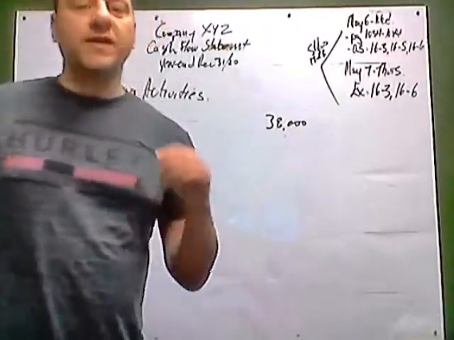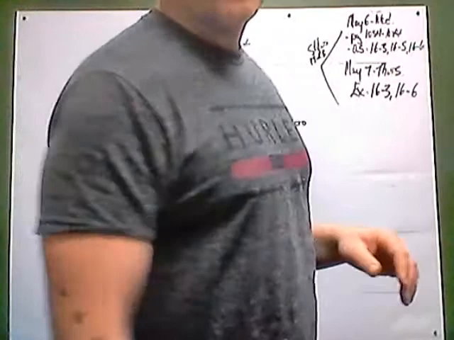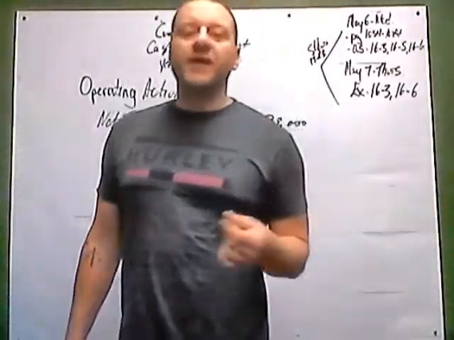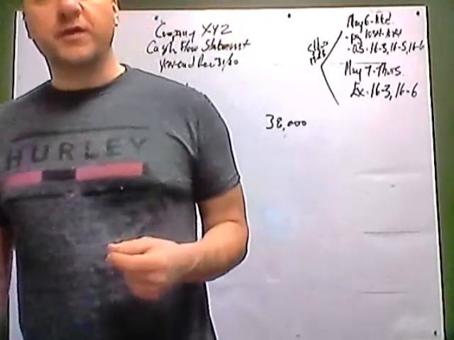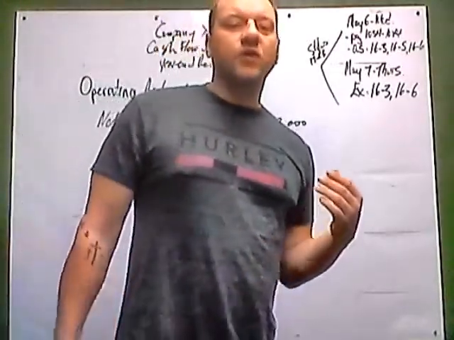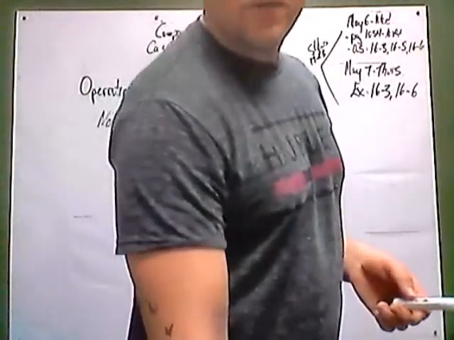We want to look at the changes in the non-cash current assets and current liabilities. We want to look at the operating activities that do not affect cash inflows or outflows during the period. And we also want to look at gains and losses resulting from investing and financing activities.